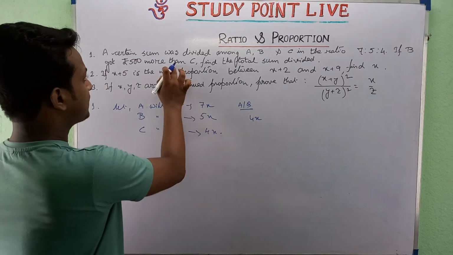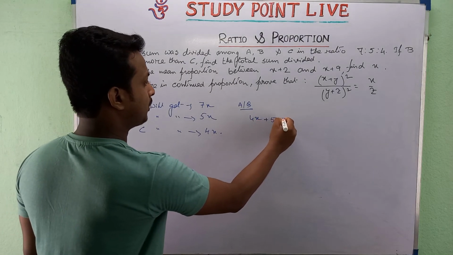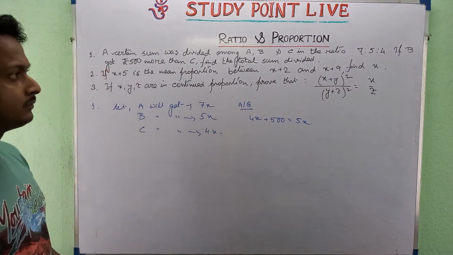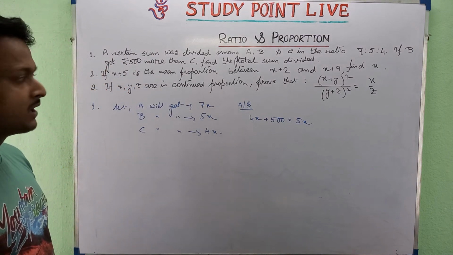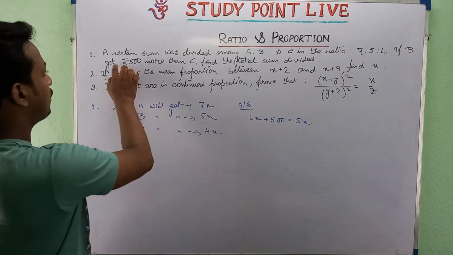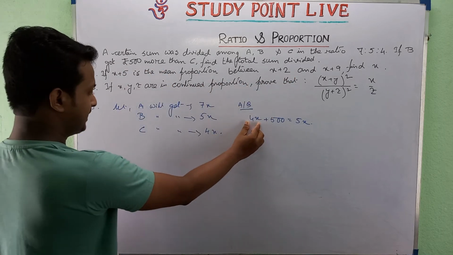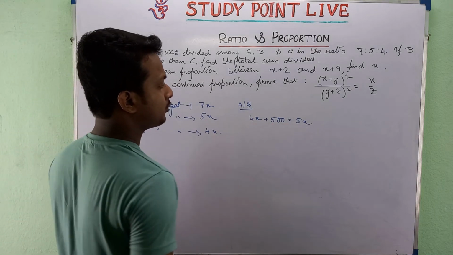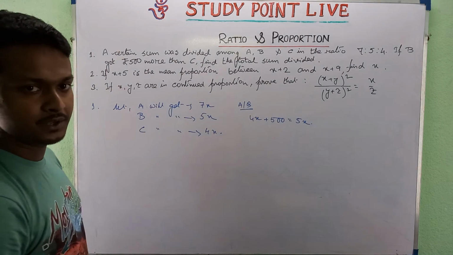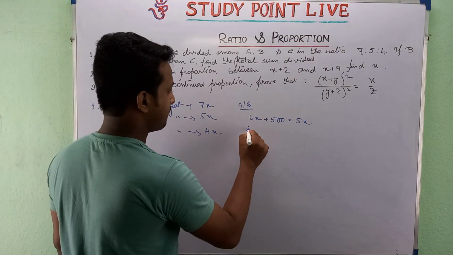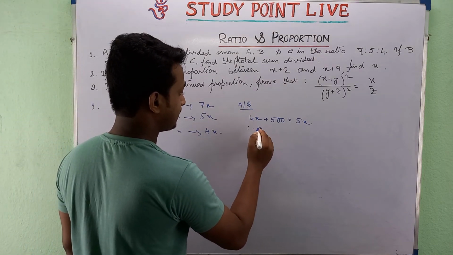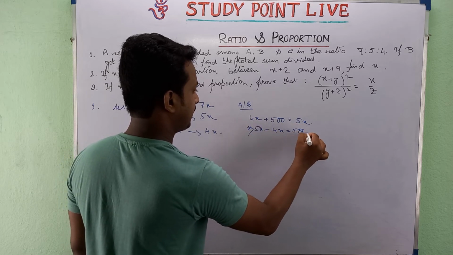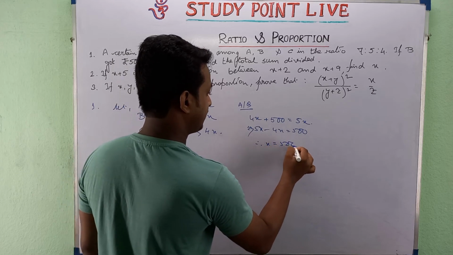More than C means if C gets 500 more, then it would become equal to the amount received by B. So from here we can say 5x - 4x = 500. Therefore, x = 500.